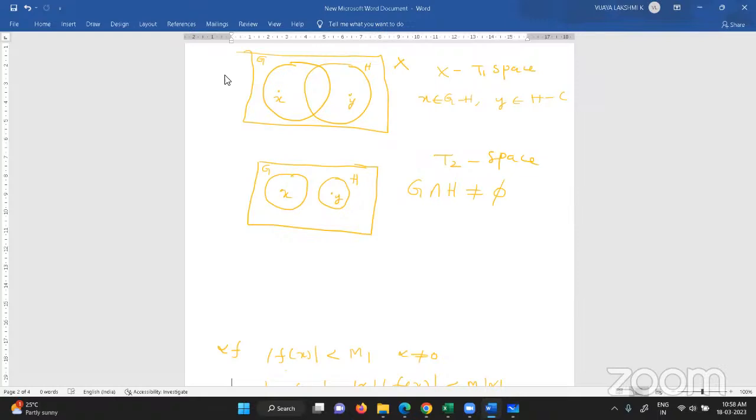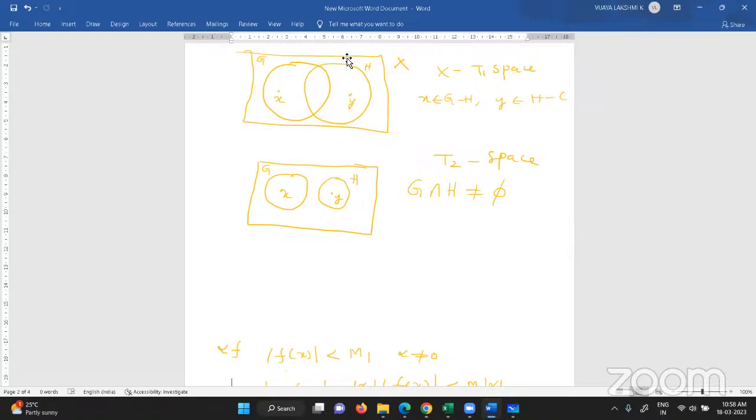Now today, let us discuss regular spaces and normal spaces. Students, all the definitions are very important for 6 marks. They will ask you to define T2 space or regular space or normal spaces. Now in T1 space, we have seen how two points are separated by two distinct open sets.